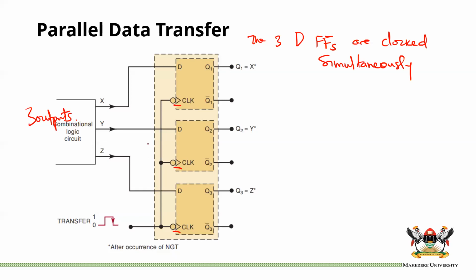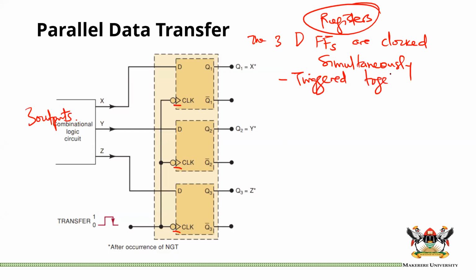By the way, when we arrange our flip-flops in this combination, we call them registers, but I'm going to talk a bit more about that. So what does this mean? It means that all these flip-flops will be triggered simultaneously, together.